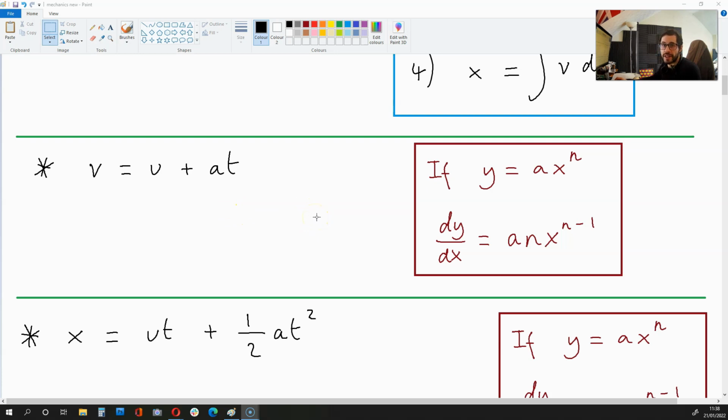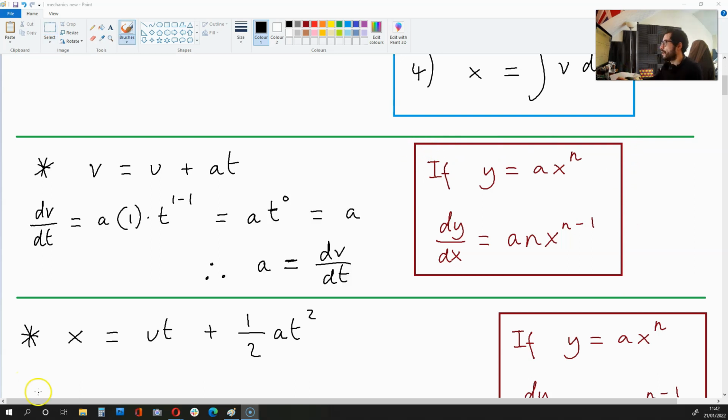Now, we are going to show this using basic differentiation rules that can be found in A-level mathematics. Now, when you're differentiating, when you have a constant, that constant becomes zero. So when we differentiate this, when we are looking for dv over dt, this u over here is just going to disappear.